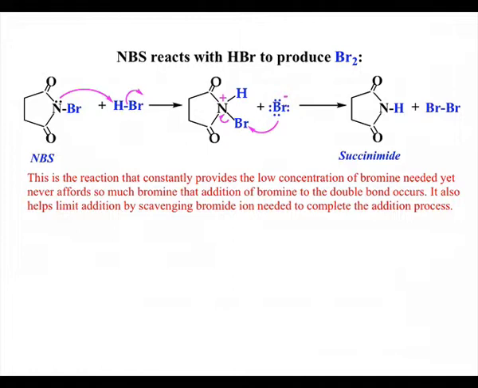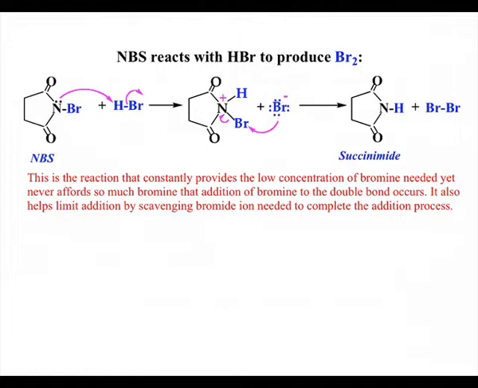Once it's generated, it's consumed immediately. And so the bromine concentration at any given moment is really close to zero. The nice thing about this reaction, the solvents that we typically run the reaction in, succinimide is not very soluble, and it precipitates out of solution. And that's how you know that the reaction is occurring. You will see this.